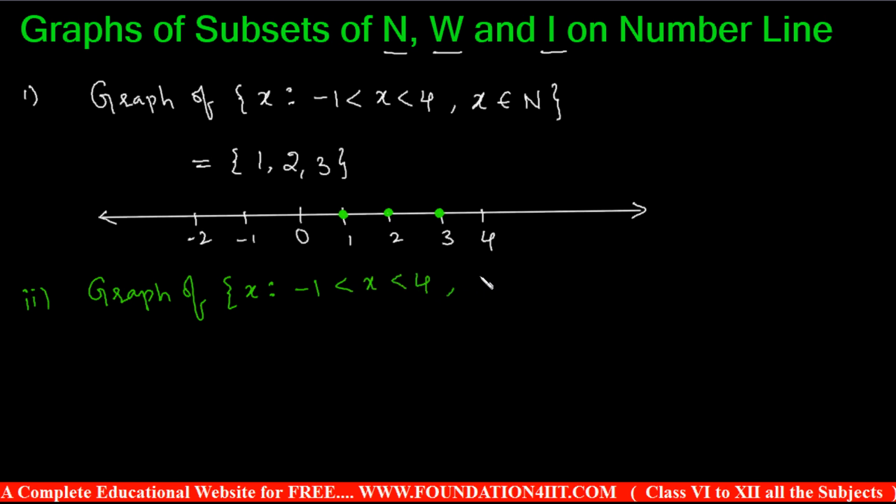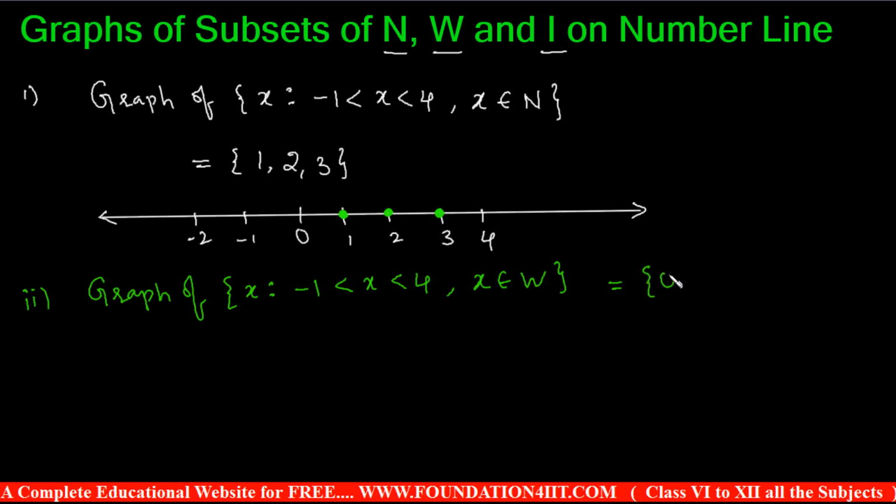Same question, but here x belongs to the whole numbers W. x is a number between -1 and 4 and x is a whole number. In whole numbers there is no negative, but after -1 the next number on the right side is 0. So we get 0, 1, 2, 3.